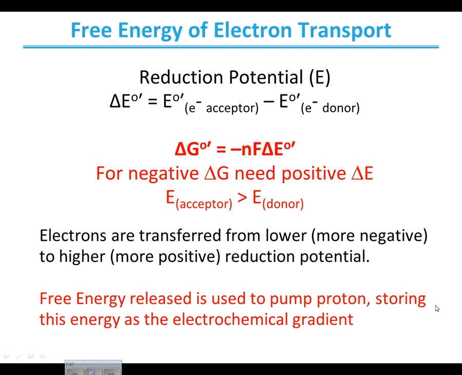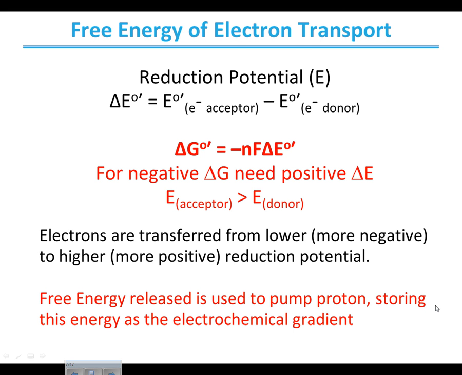Now we're not going to do any math in this section of the class, but what I wanted you to see is that the amount of potential we have once we form this proton gradient can actually be calculated. You can sit down and do the math and figure out how the movement of electrons can change the pH and can therefore change the electrochemical or reduction potential.